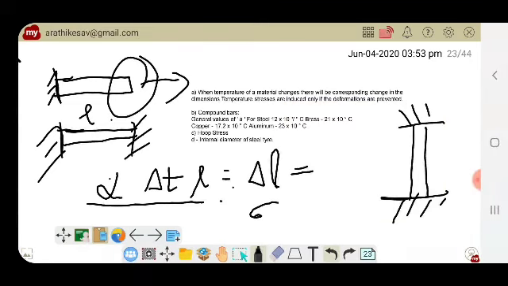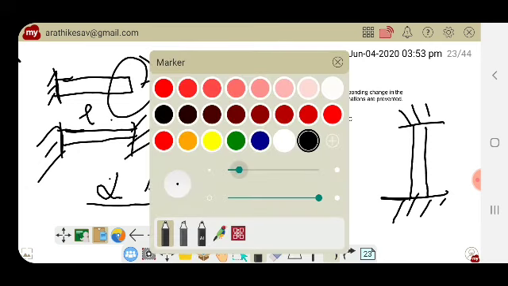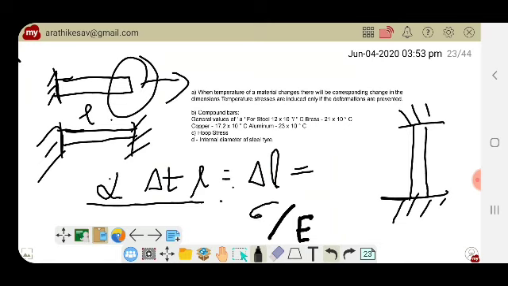Now, if the stress induced in the bar is sigma, then due to that stress, the elongation induced is sigma by E times L, which is the delta L that would be produced.